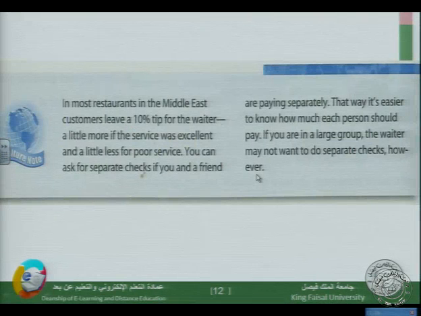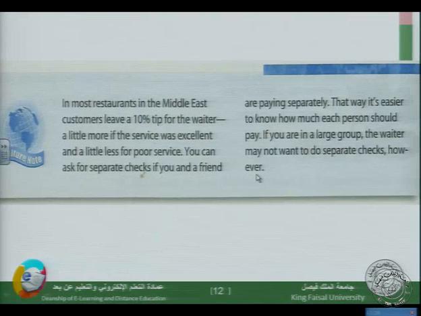And now we have another culture note, which is also interesting. Today we have changed the mode of speaking skills to increase your cultural knowledge about the English culture in general. This wonderful cultural note says that in most restaurants in the Middle East, customers leave a 10% tip for the waiter.